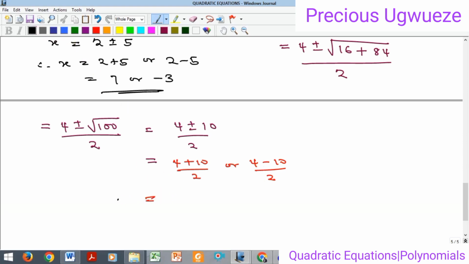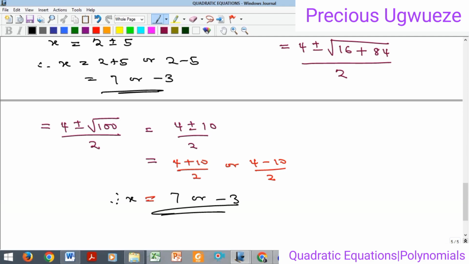Therefore, x is equal to 4 plus 10 is 14 over 2, which is 7, or 4 minus 10 is -6 over 2, which is -3. Once again, we have gotten the same answer as in the 2 other methods. And that's how to solve quadratic equations using any of these 3 methods.